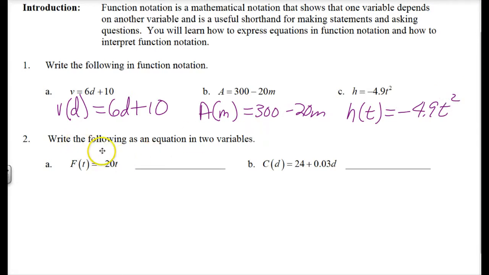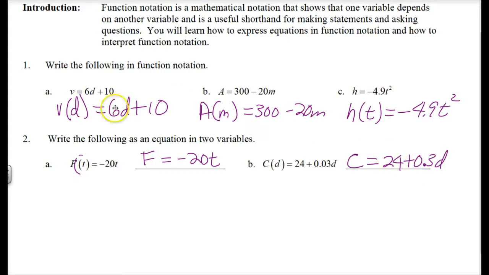Write the following as an equation in two variables. Okay, so this is f of t, so we just say that f is equal to negative 20t. C of d, I don't know what C of d is. So C is equal to 24 plus 0.3 d.